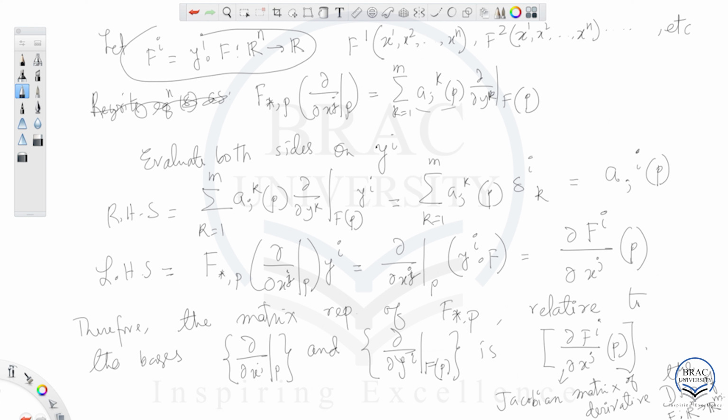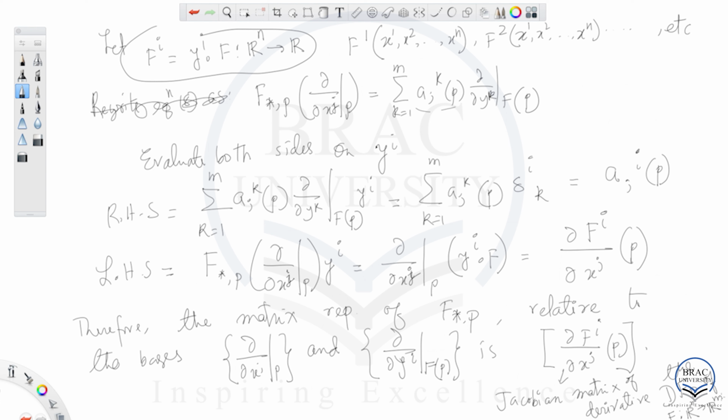So we have this smooth map between two Euclidean spaces, and there is a differential of this smooth map, which is a linear transformation, and we can represent this linear transformation with respect to the canonical basis of the two Euclidean spaces by the Jacobian matrix of this smooth map between the two Euclidean spaces that we started with.